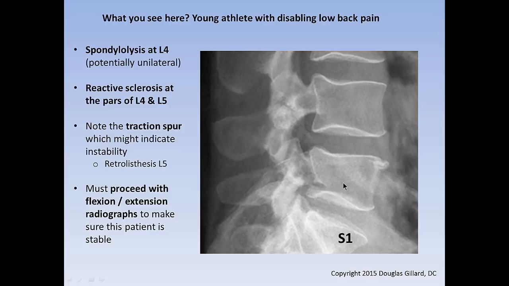So this motion segment is probably unstable. We even have a retrolisthesis, right? It's slid backwards. Traction spur, retrolisthesis, stress reaction here, reactive sclerosis. I bet we have either a spondylolysis that has healed, or maybe it's just not visible here yet. So be careful of those.